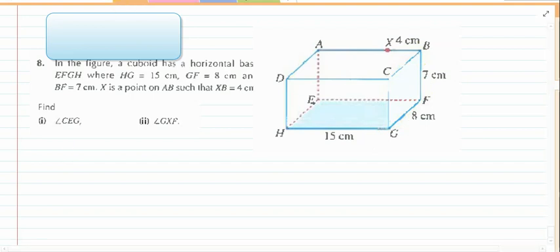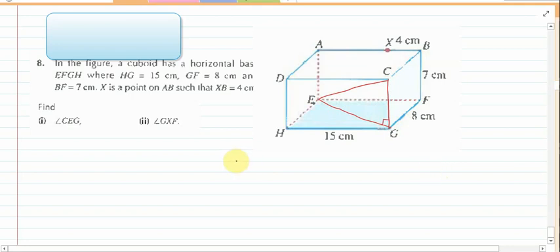Now if I highlight this angle on your figure, that will be C, E and G, right? That is your triangle, and this angle is 90 degrees, right? Now if I plot this triangle in a 2D manner, look carefully.